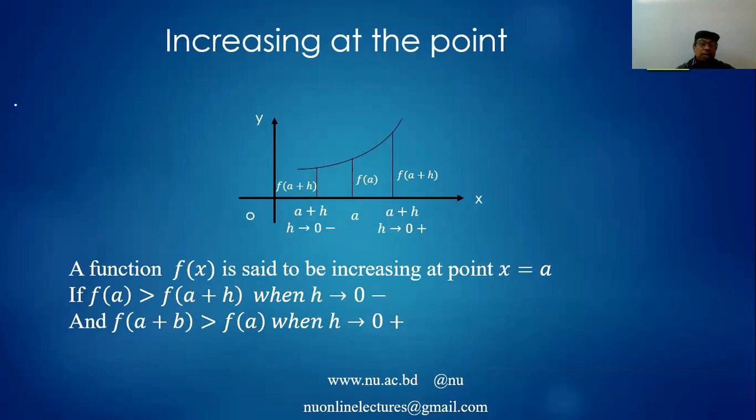And f of a plus h greater than f of a when h tends to 0, positive. Here it should be a plus h, not b. This is h, my students.